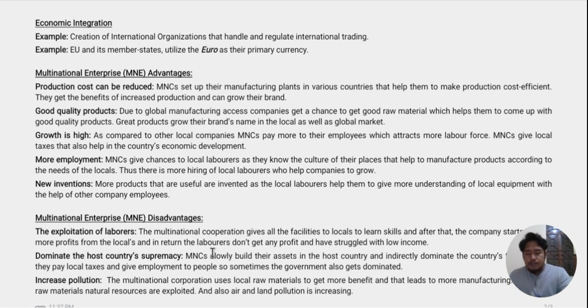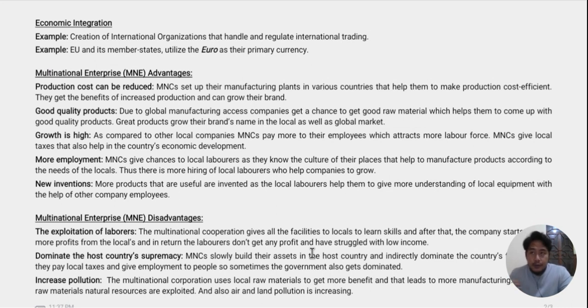So sometimes multinational corporations give all the facilities to locals to learn the skills, and after that, when the company starts to make profits from the locals, the laborers or the locals don't get any surplus profit, and they are struggling with what income they are hired for.